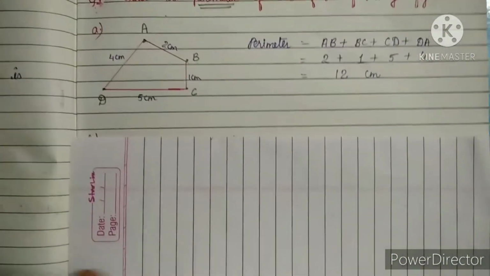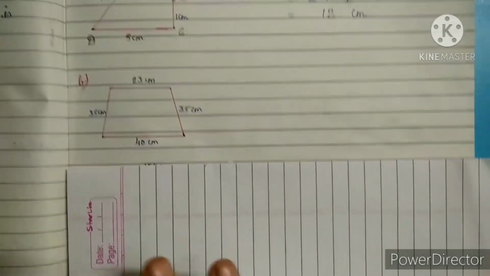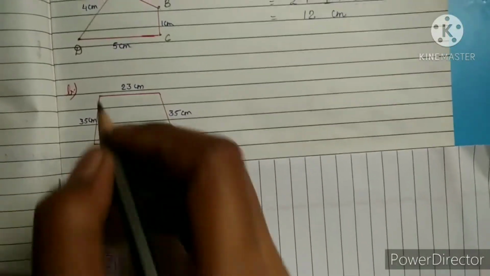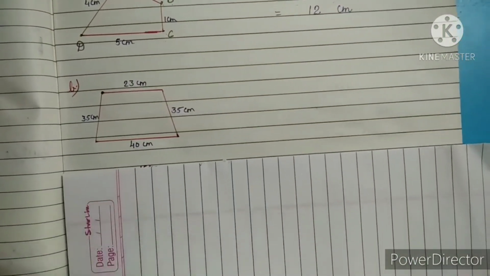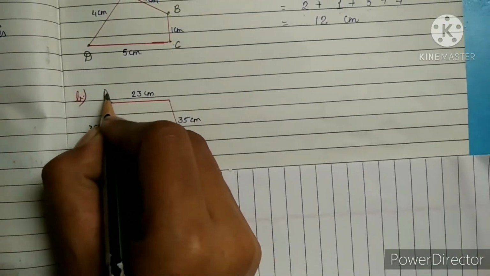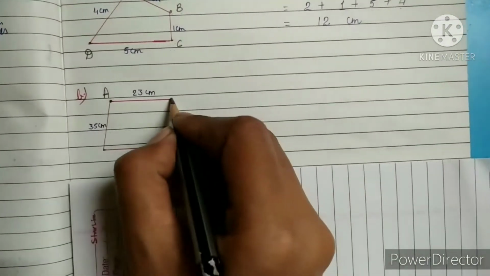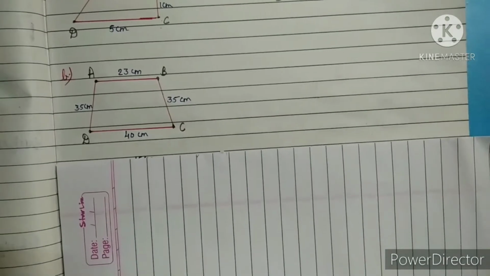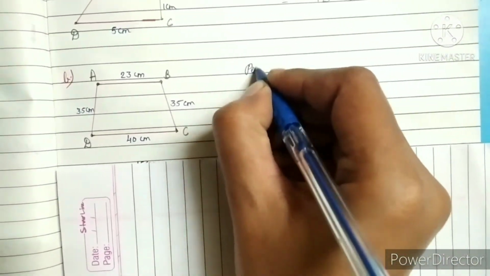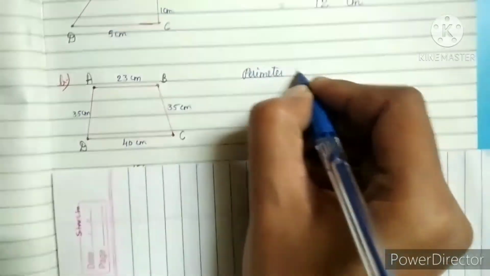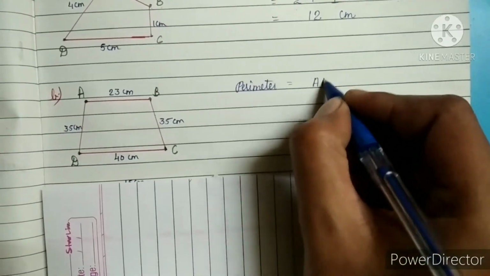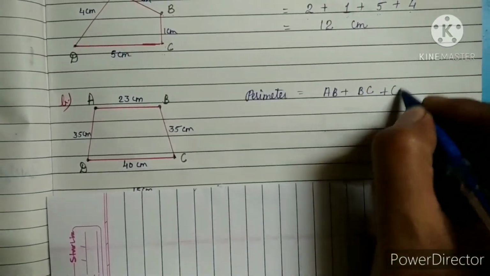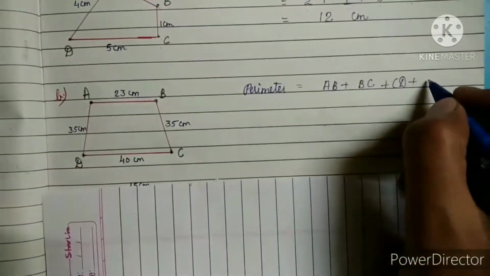Now part B. This is the figure, same as the previous. We have a closed figure, but it is not a regular figure. So we have to start by putting the corner names. From any corner you can start: A, B, C, D. So our perimeter is AB plus BC plus CD plus DA.